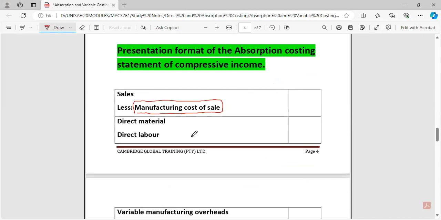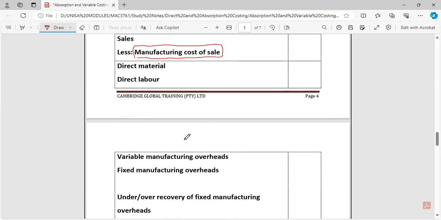And the only difference is going to be here. In our direct costing, we ended here. But here we are going to have a fixed manufacturing overhead that is going to be absorbed into the cost of the product. That's the only difference between the two. Here we are going to have fixed manufacturing overheads, but in direct costing, we don't have this fixed manufacturing overhead.